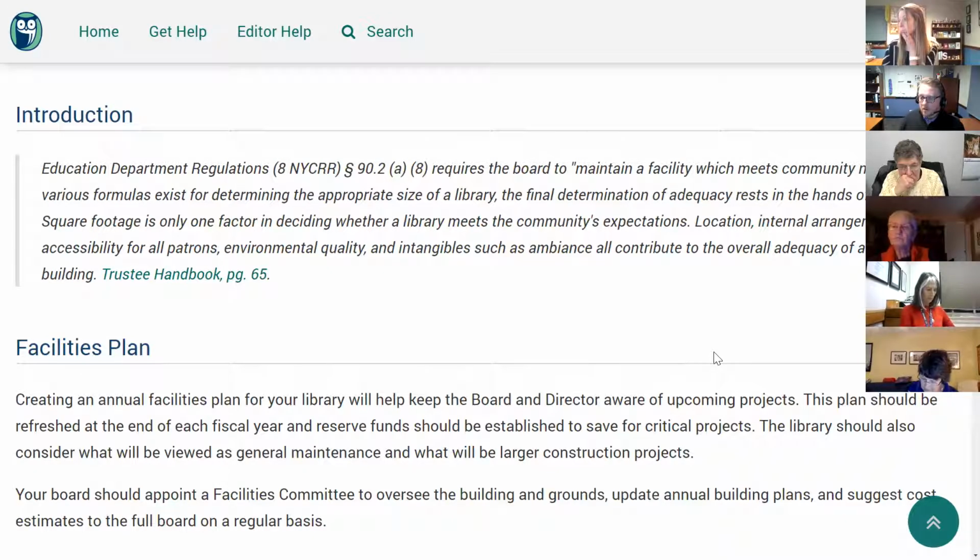Many of our libraries are of the older generations. More than half of our libraries are older than 55 years old. So there's a lot of accessibility concerns across the system. In my mind, that should probably be one of your top priorities if you're in that area and you're able to focus on those things. But there's plenty of other things that we can take a look at too.